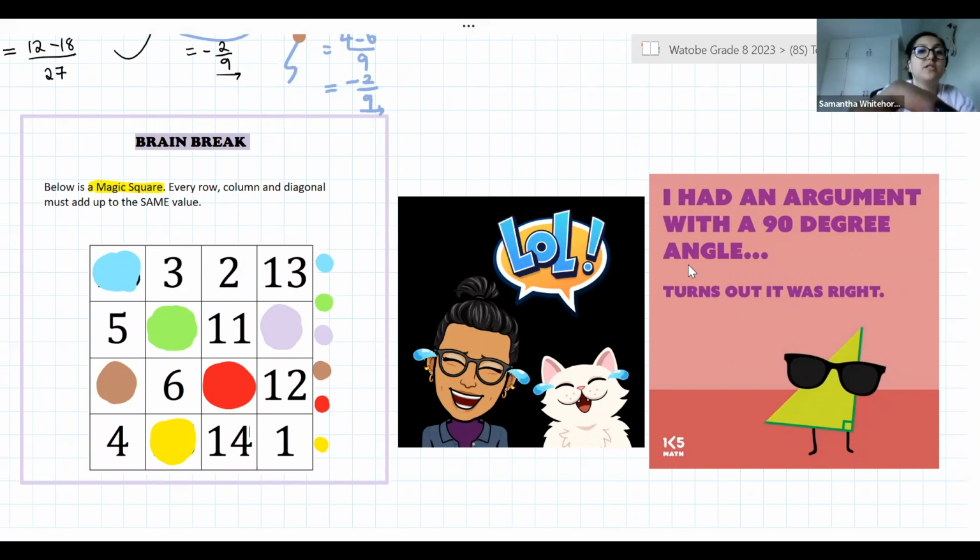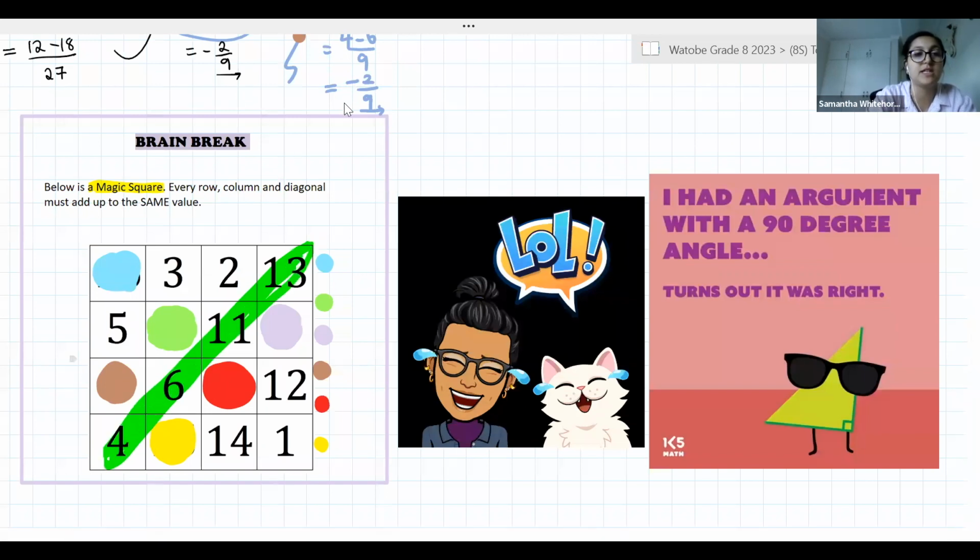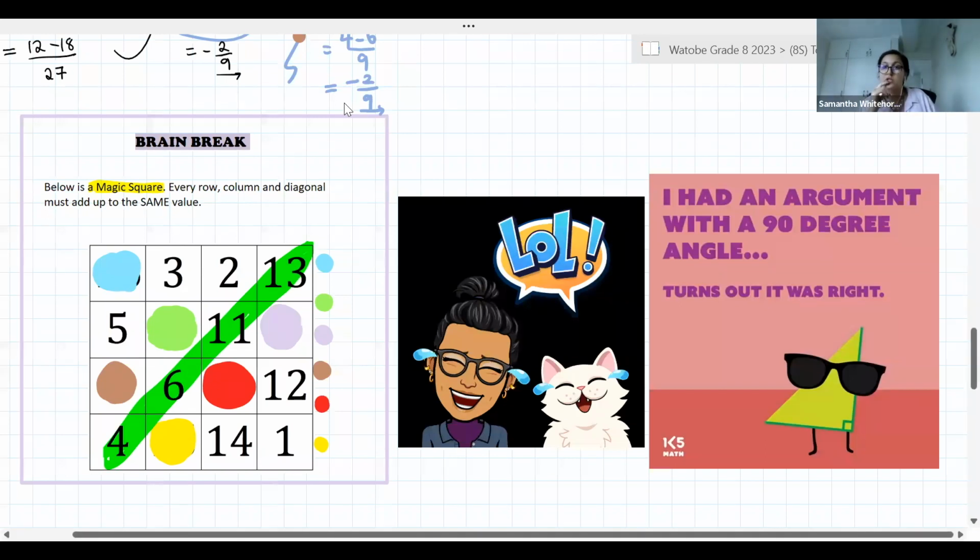Right, so if we're still struggling, there is one complete section. If you do this diagonal over here, if you add 4, 6, 11, and 13, you will figure out what your sum should be across all columns, rows, and diagonals. I would start there and then see if you can work out what the missing values are.